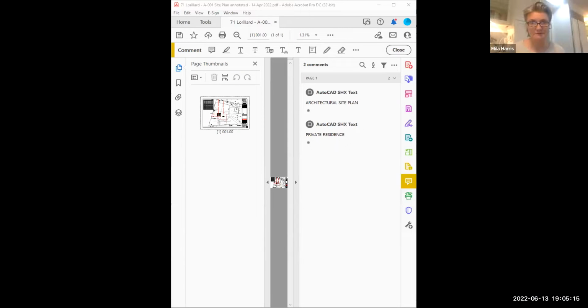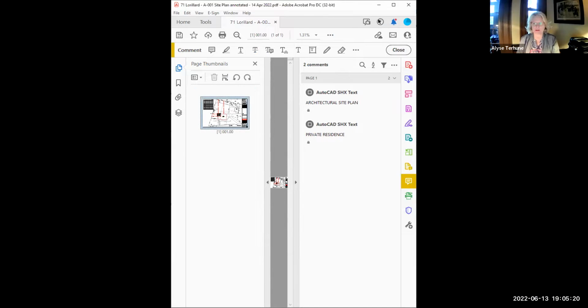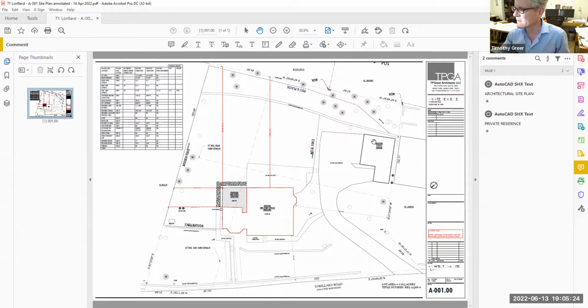There's the share screen button. Okay. There you go. Do you see the screen? Yeah, but it's very small. Is that better? That's a little better.